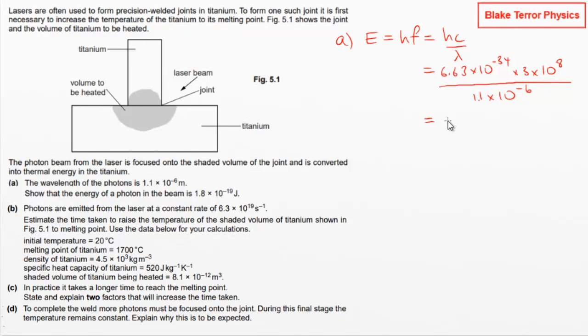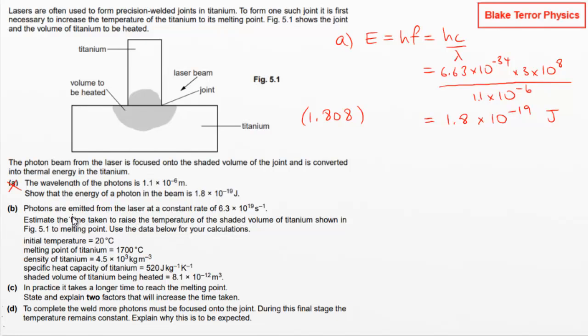So that's 6 times 3, 18, so 1.8 times 10 to the minus 19 joules. If I put it in the calculator just so we've got something a little bit more accurate, it looks like we're reusing this in B, so 1.808. So we might want to use that for further calculations.